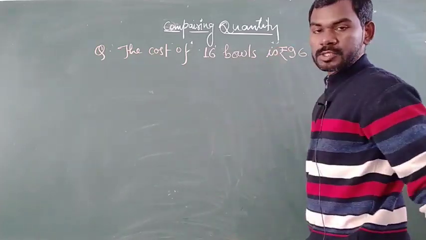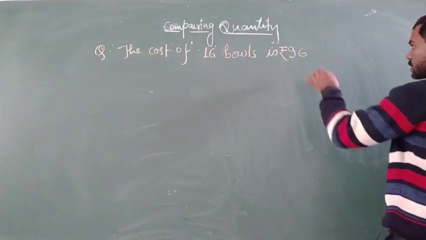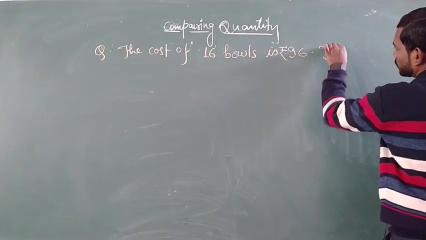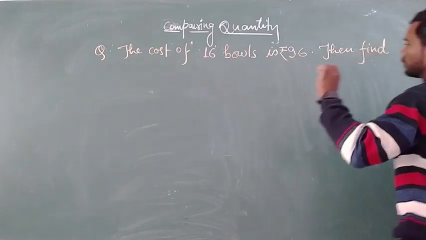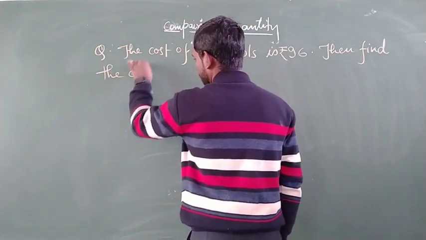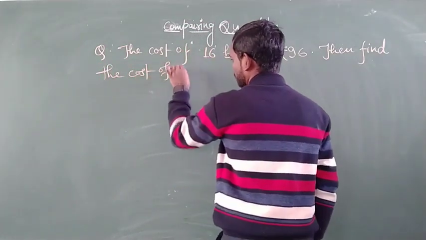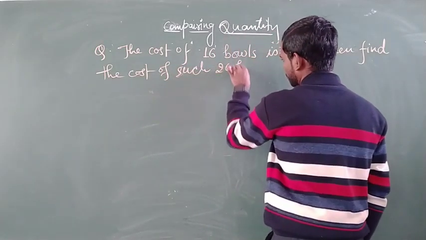If the cost of 16 balls is 96 rupees, then find the cost of such 26 balls.